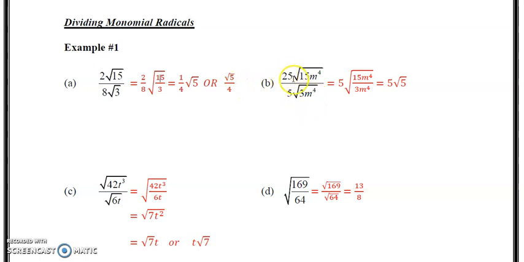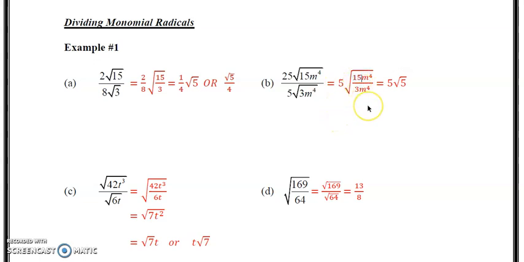Let's look at example B. We have 25 root 15 m to the power of 4, all divided by 5 root 3 m to the power of 4. So the 25 over 5 becomes 25 divided by 5, and I've just written it as 5 up in front.